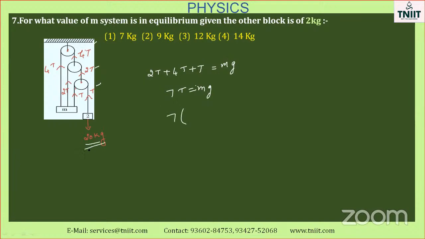T is nothing but 20 Newton, 2 into 10. So 20 is equal to m into 10. So what is m? 10 and 10 will get cancelled, 140. That is 14 kg. So what is the mass? 14 kg.